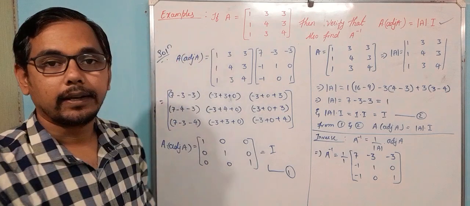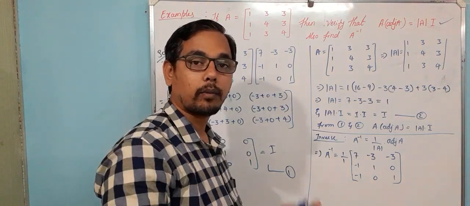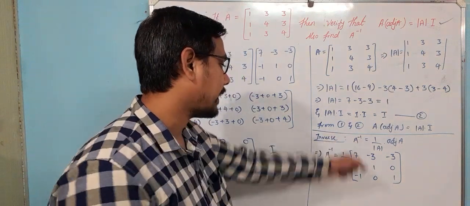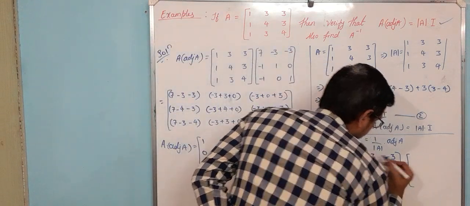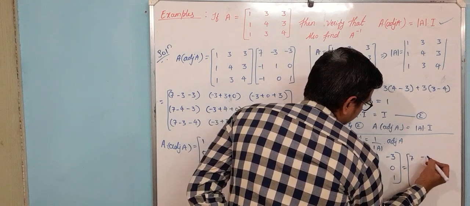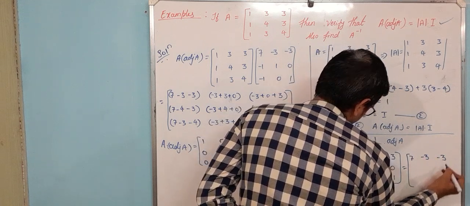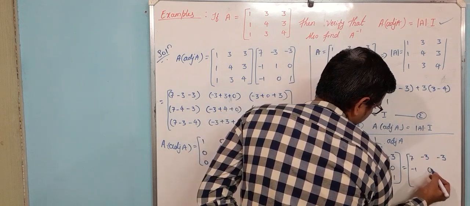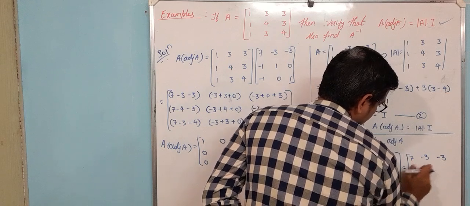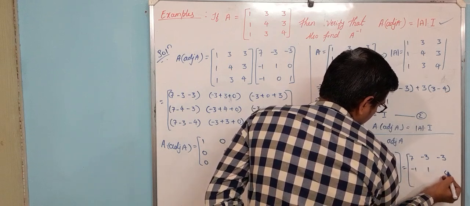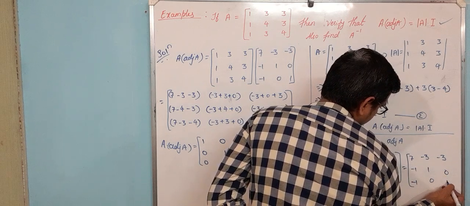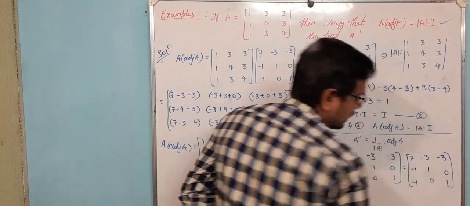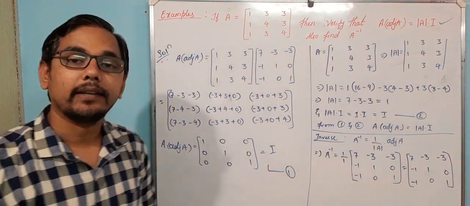This is our adjoint A into 1 upon determinant A. Substituting it in this formula, what will be A inverse? Same thing: 7 minus 3 minus 3, minus 1 1 0, minus 1 0 1. This will be our required A inverse.